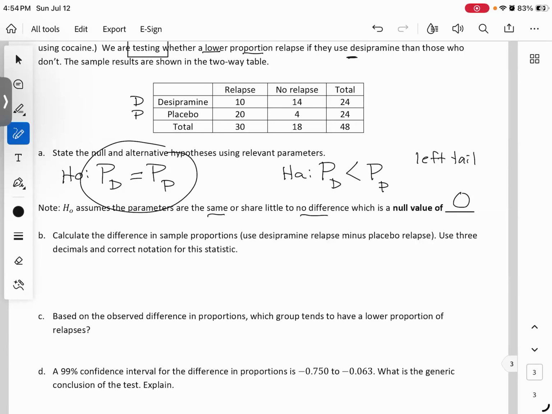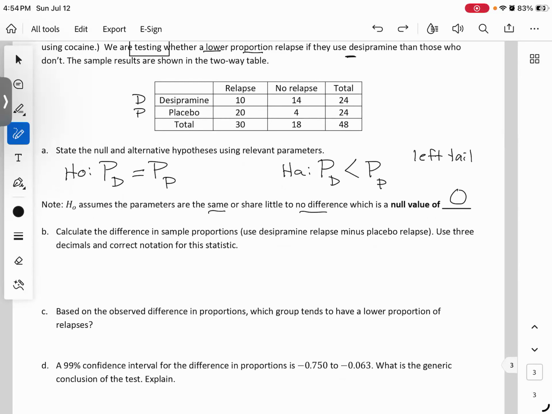Now, for what actually happened, we're going to do drug D minus placebo, the proportion for those using drug D minus the proportion of those that are using the placebo that relapsed, right? That's the key word here, that relapse. So you actually don't end up needing the numbers for no relapse.